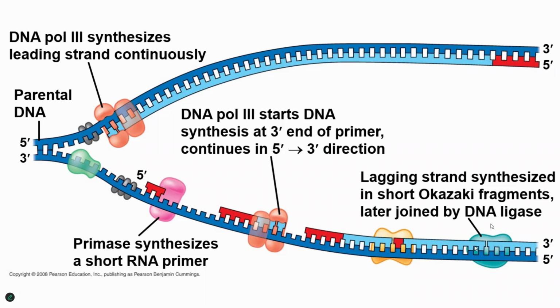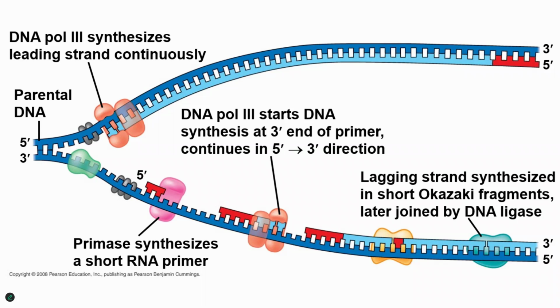So you've got one strand being made continuously, the other strand being made in sections. Those sections will then get connected together by the DNA ligase later. So the primer gets replaced by DNA nucleotides, and then the ligase connects all of these pieces together.